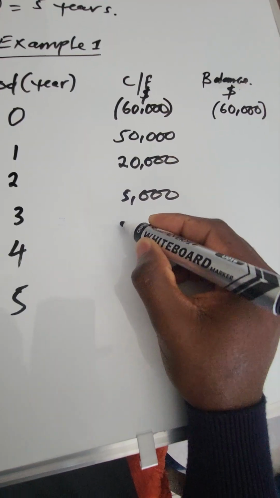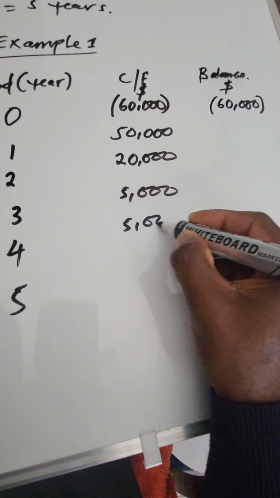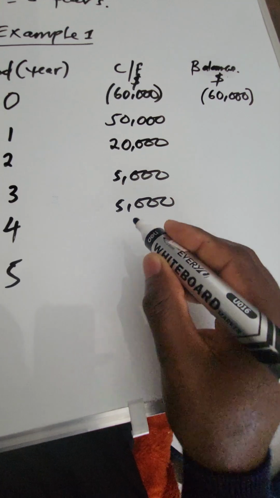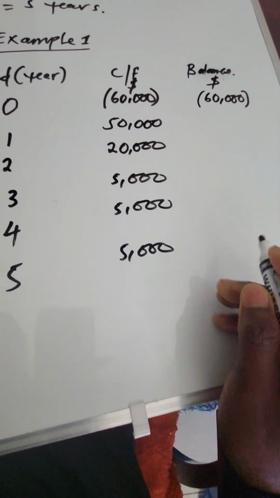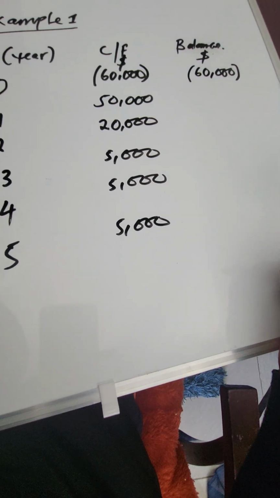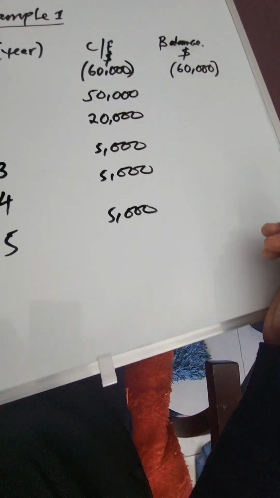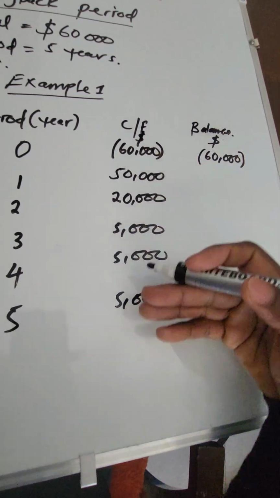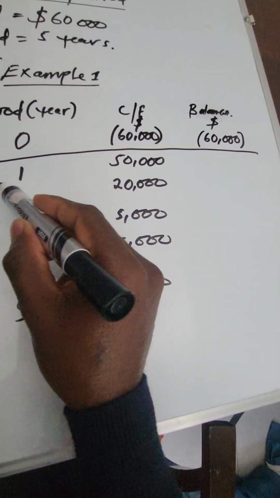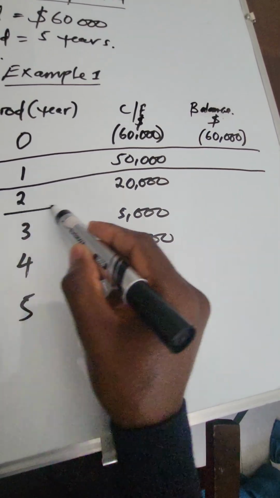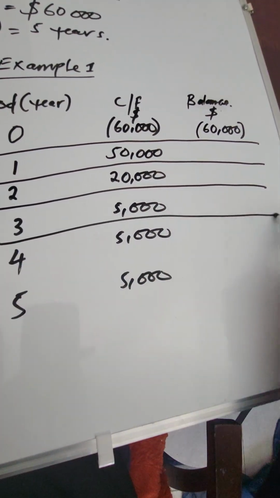In year 4, 5,000 also. I'm just assuming these cash flows, so you shouldn't panic on that one. Okay, so having given these cash flows, right?